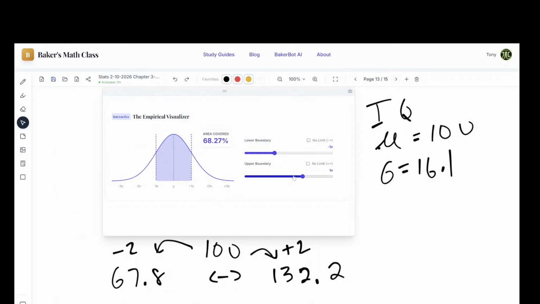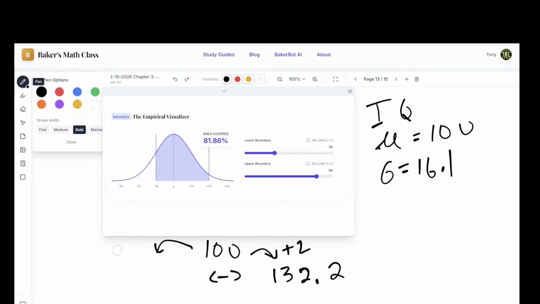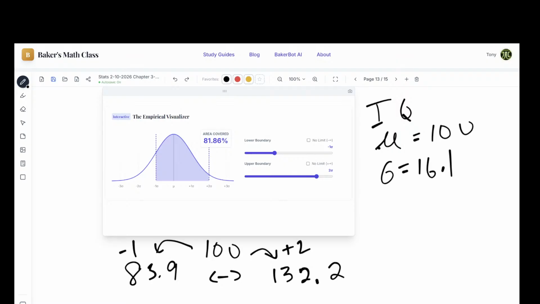This will help you if, say, it was 1 on the other end and 2 on this end. It'll actually break those up for you. So say instead of going down to 67.8, I went down to 83.9. So that's only minus 1 down.